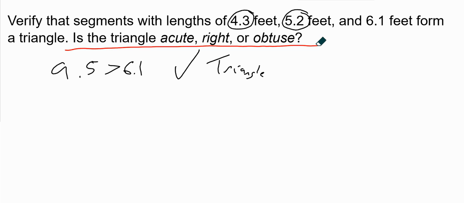Again, I don't know if it's a hypotenuse, but I'm going to look at my largest side, 6.3, and dictate that as my C. So I'm going to do 6.1 squared, and I'm going to leave a box here to decide if I'm going to put an equal to, a less than, or a greater than symbol there to determine my triangle. And then my two smaller lengths squared and summed together.